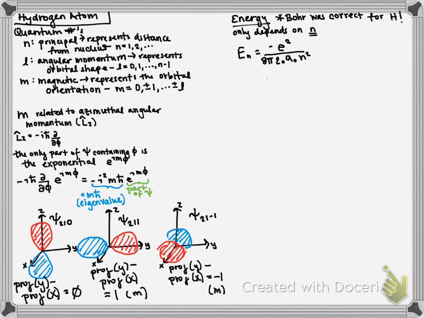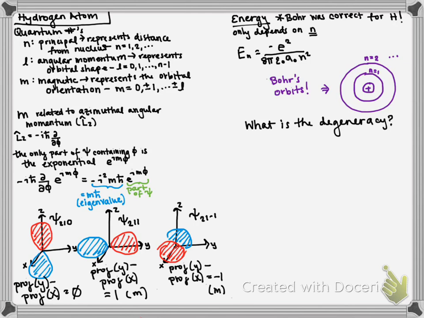We get negative e squared, where e here is the charge of an electron, over 8 pi epsilon naught, which is our permittivity of free space, a naught, which remember was our Bohr radius, n squared. So n is our quantum number, and the only quantum number that comes into play here. And so we get our cute little Bohr orbits or Bohr orbital model here, where our energy depends on which orbit we're in or how far the electron is found from the nucleus.